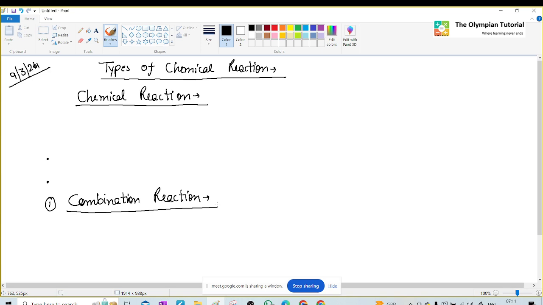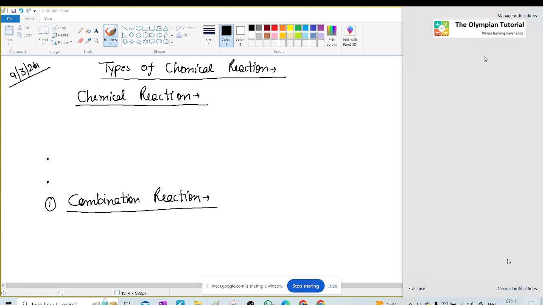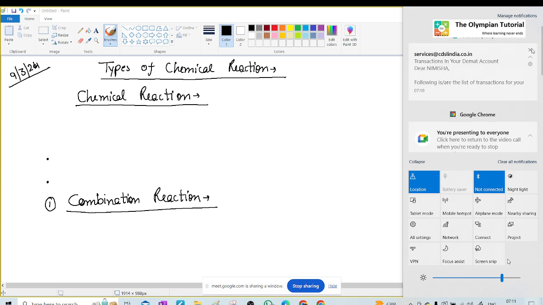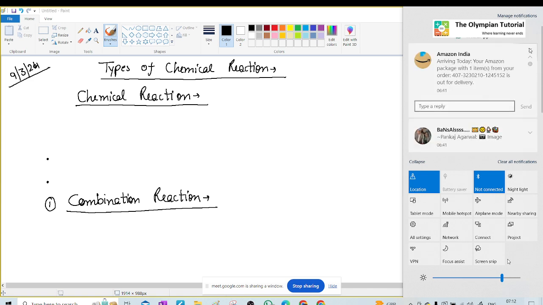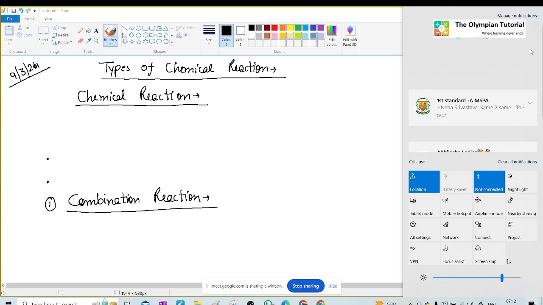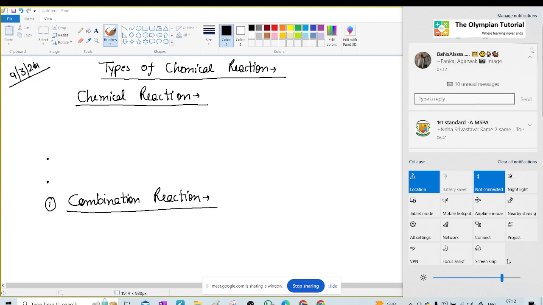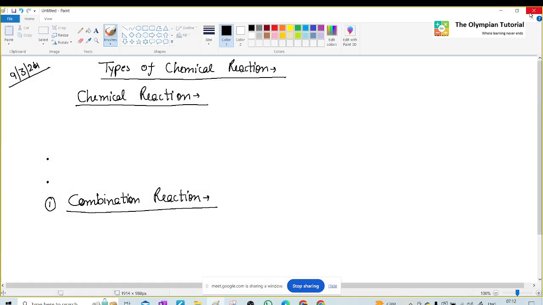Write down: when two or more substances, in bracket write down elements or compounds, it may be an element, it may be a compound, combine to form. Should I continue? Yes, ma'am.